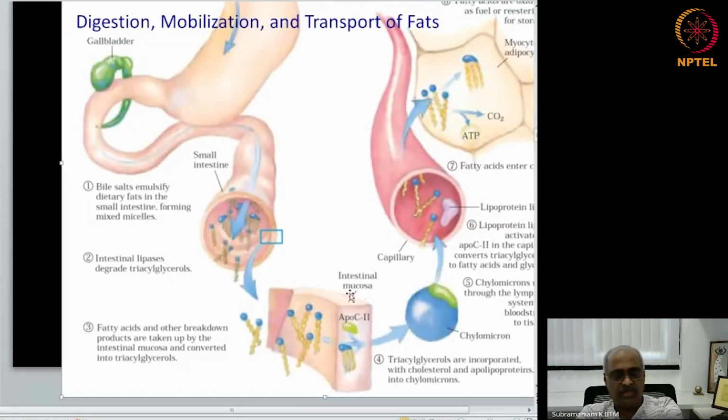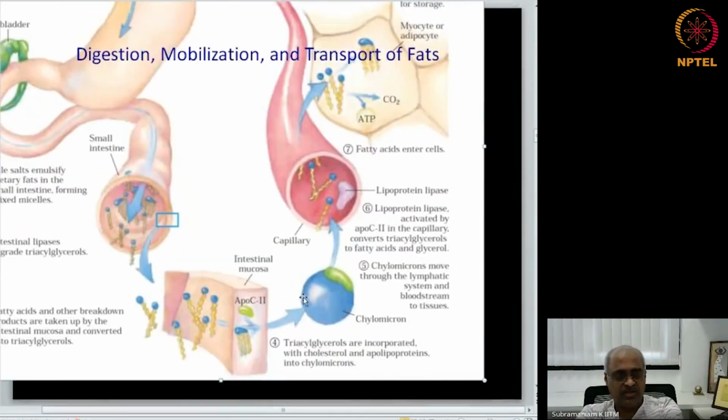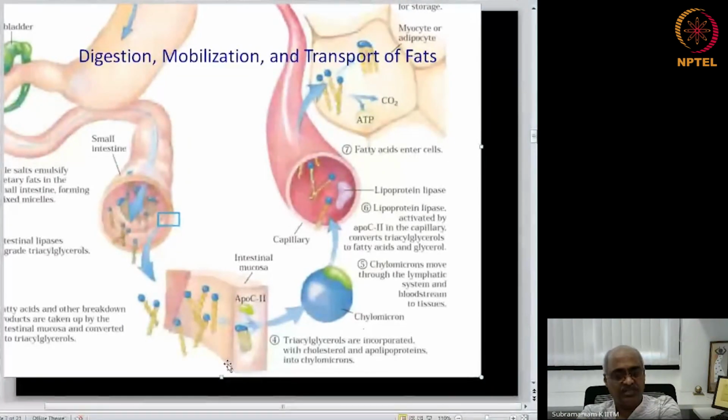Lipoproteins are proteins that associate with lipids. Such an association is required because this hydrophobic fat cannot be freely carried to other organs via aqueous blood.